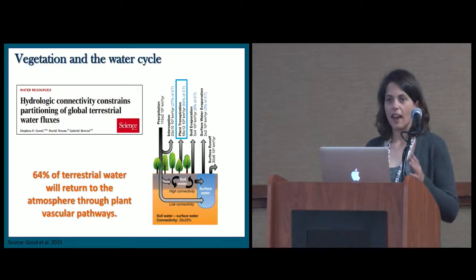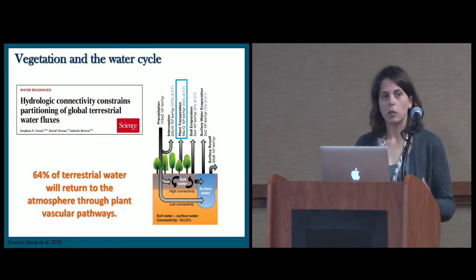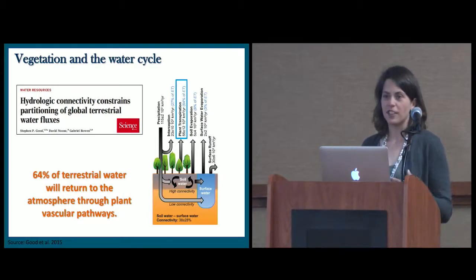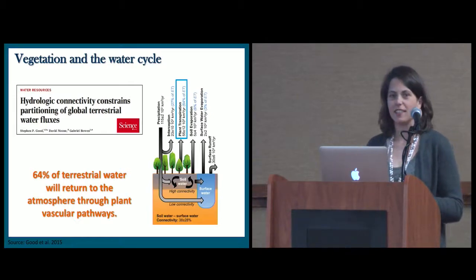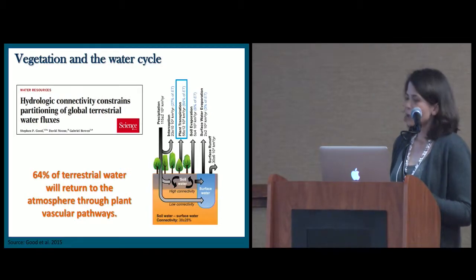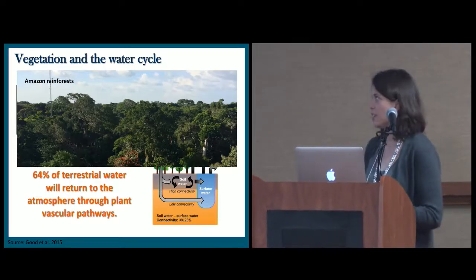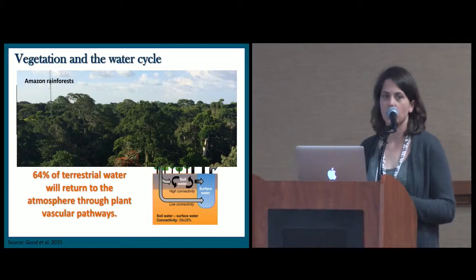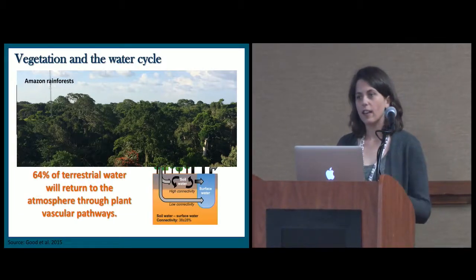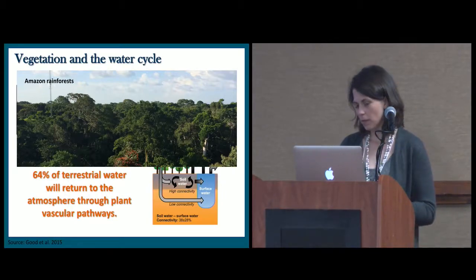Now, you would think with that being such a significant portion of our water cycle, the hydrological models would include a lot of vegetation. Well, it kind of turns out that vegetation isn't represented so well in hydrological models. So what I'm trying to do through my PhD work is increase that representation so that, when we're looking at systems like these forests, we're accurately characterizing how they're going to behave under water limitation.